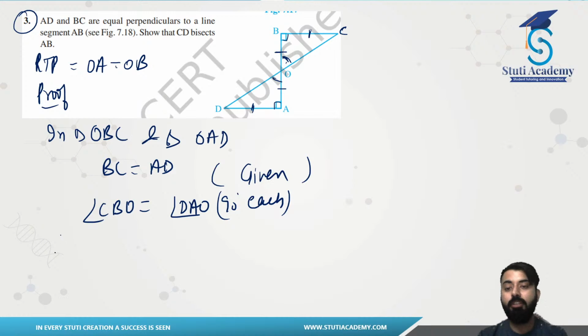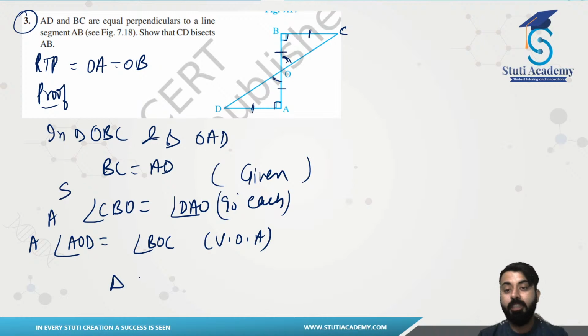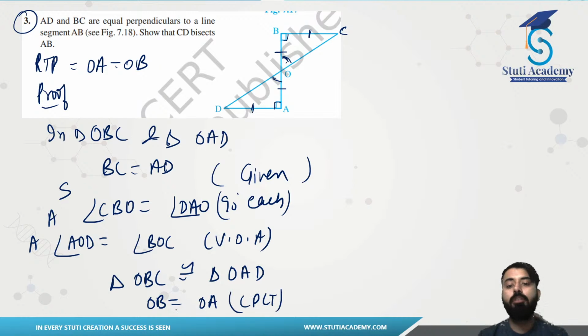And I also know this angle AOD equals angle BOC. This is vertically opposite angles. So you guys see, angle, angle, side, triangles are congruent. So triangle OBC is congruent to triangle OAD, and simply you can say OB is equal to OA by CPCT. So this is the proof.